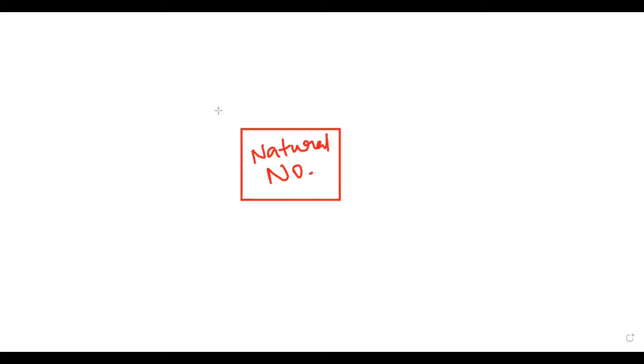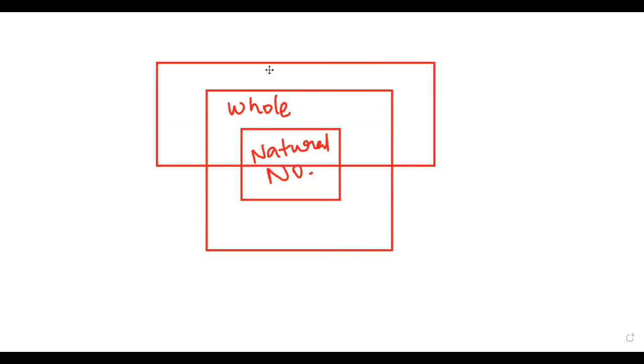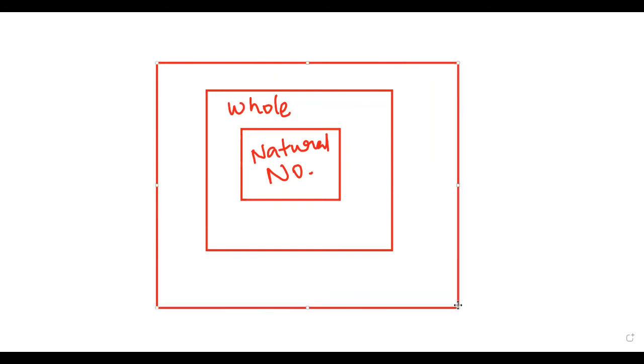Then we have something more outside, another box, and that is what you call the whole numbers. Whole numbers are the numbers from 0 and all the positive integers, that is 0, 1, 2, 3, 4, 5, 6, etc. Then we have another box, and that box is our third box.